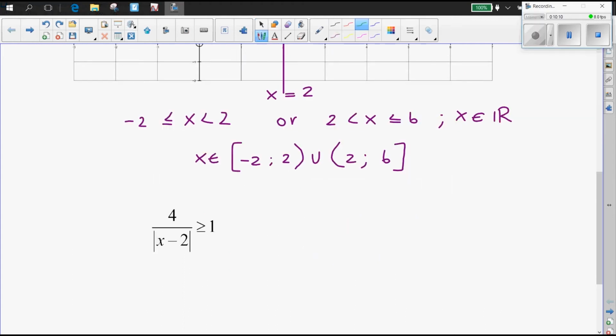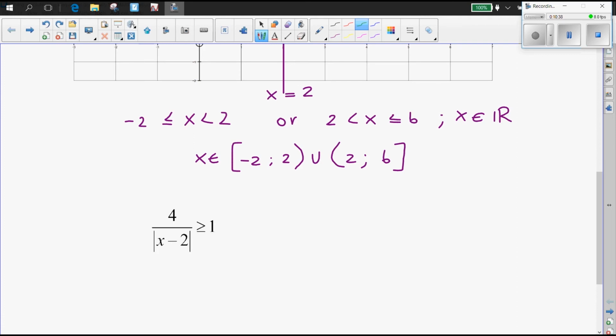I've copied the example down again because we may solve this question using algebra. The reason why we can do this is because we have the absolute value of x minus 2. We know that the absolute value is always positive by definition. So we can cross multiply by the absolute value of x minus 2, and this is a rare case where you can do it.